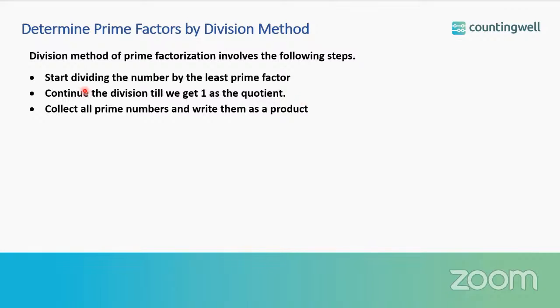So here you can see the procedure to find the prime factorization by division. Start dividing the number by the least prime factor, then continue the division till you get 1 as a quotient, and then collect all the prime numbers and write them as a product.